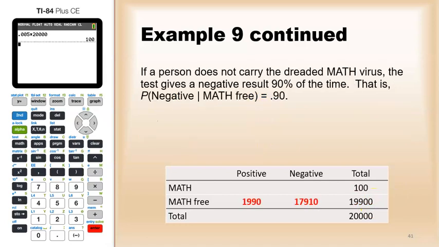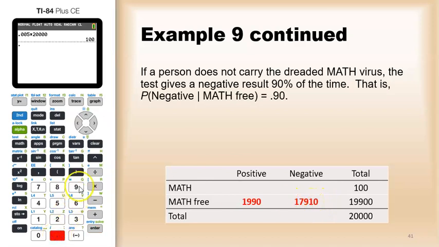Now suppose someone does not have the virus. We are told that they'll test negative 90% of the time. So we have 19,900 people who don't have the virus, and we want to figure out 90%. So if I go 90% times 19,900, I get 17,910.